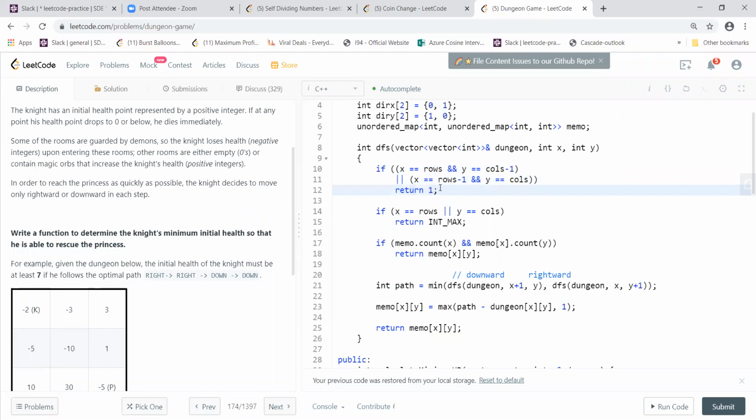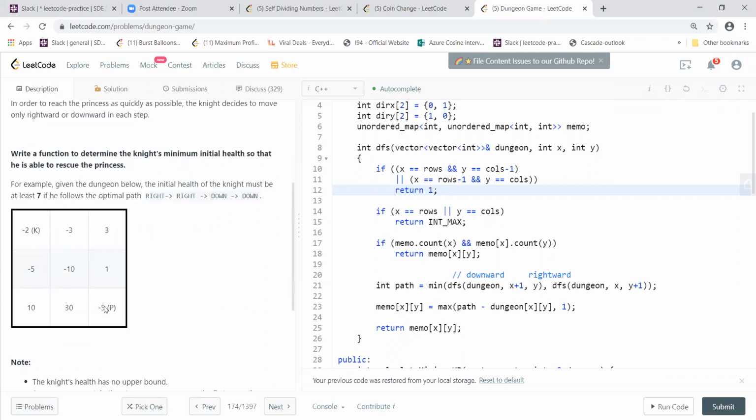The base conditions have to be chosen very properly, and you have to understand them. So the way you asked about the 1, this is the base condition. If I'm at the last cell, so if x is equal to rows minus 1 and y is equal to columns minus 1, it means I am at this location where the princess is, so I need to return 1.